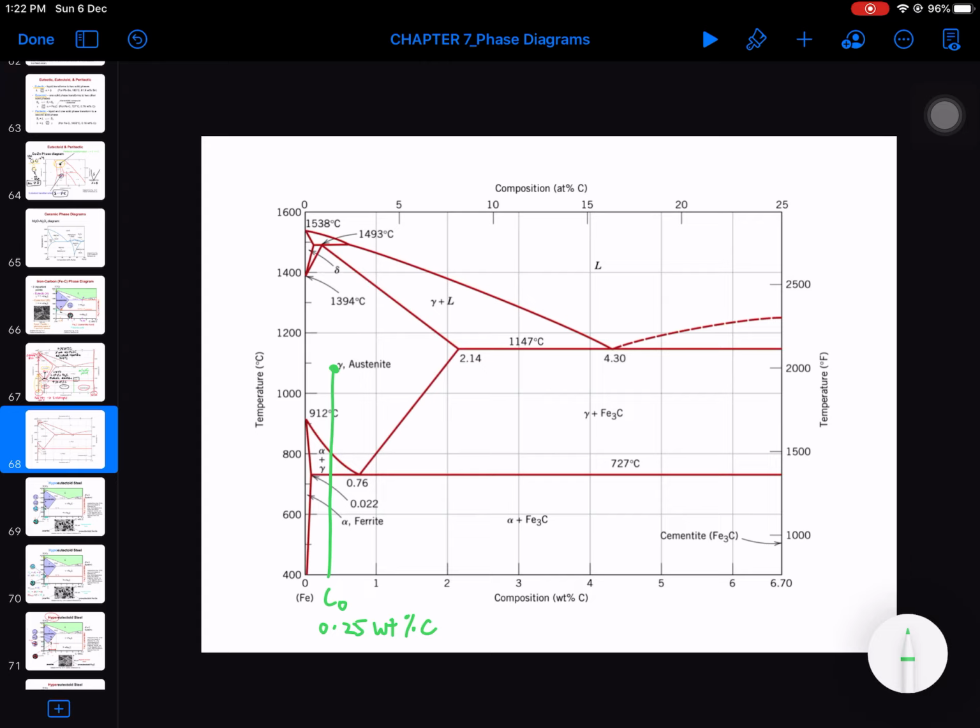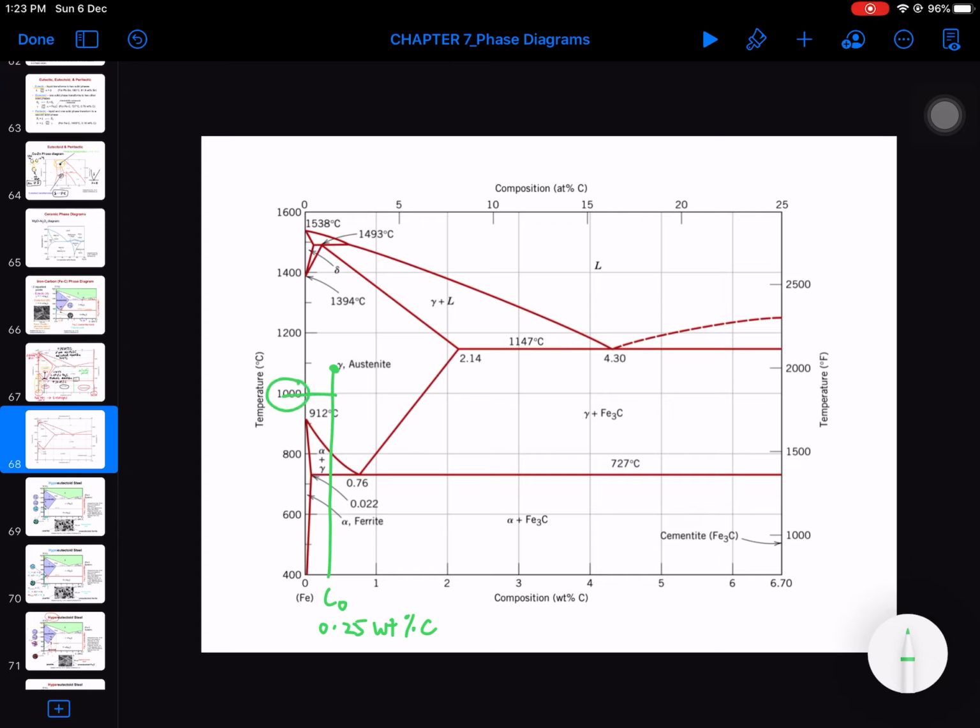So we will heat up the steel into the austenite region, and the transformation that takes place upon cooling from the austenite region will actually determine the final properties of the steel. So let's say we start here at a temperature of 1000 degrees centigrade.